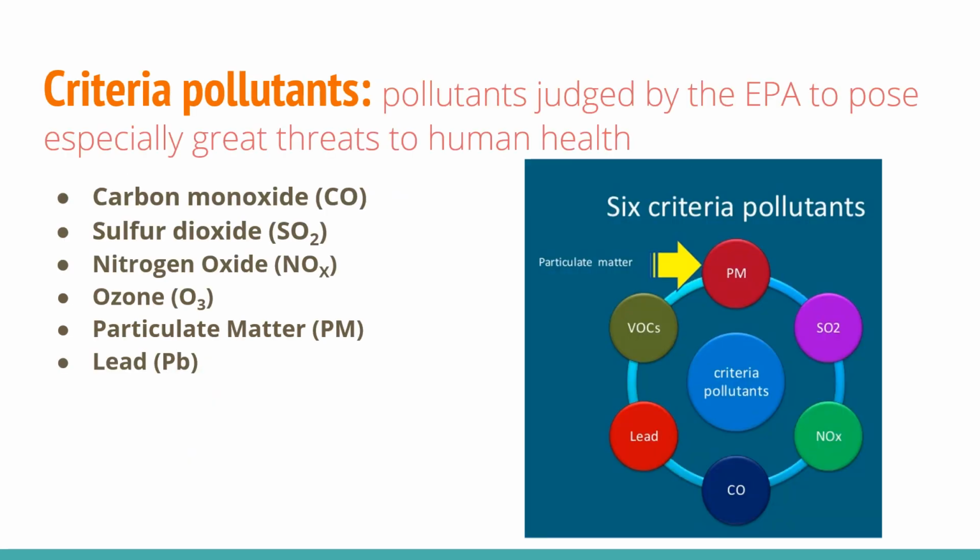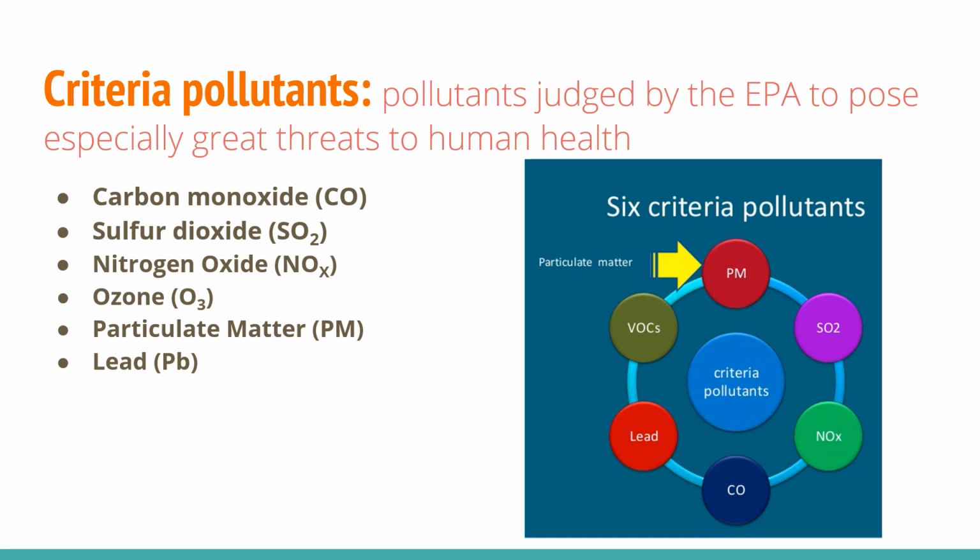Now, within the primary and secondary pollutants, there's something called criteria pollutants, or criteria air pollutants. These are pollutants that are judged by the EPA, the Environmental Protection Agency, to pose the greatest threats to human health. Eventually we'll talk about legislation that was enacted to minimize the amount of these sources of pollutants.